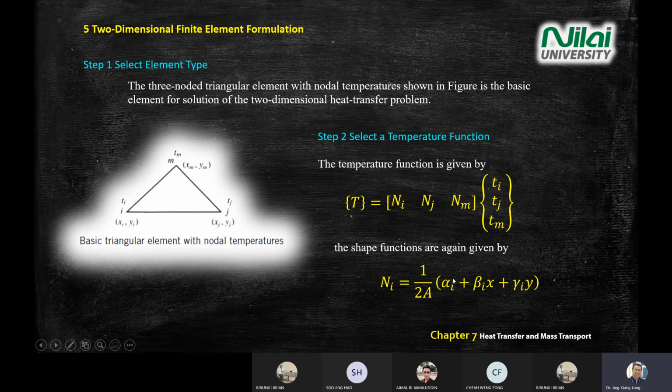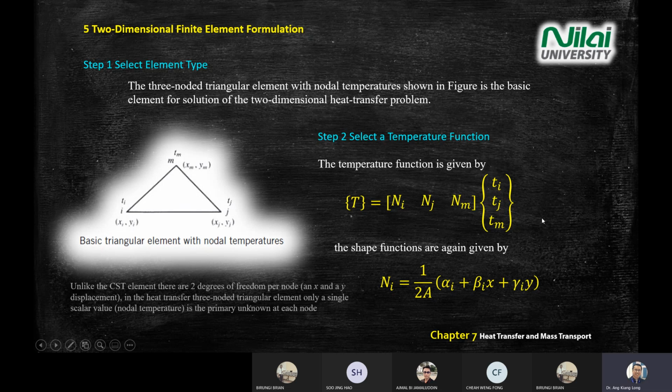So recall there's a slide regarding the 9 equations, alpha, beta, gamma, and the area. There's one particular slide for that. We recycle the information. So go back to the previous slides to find the A and alpha, beta, gamma.